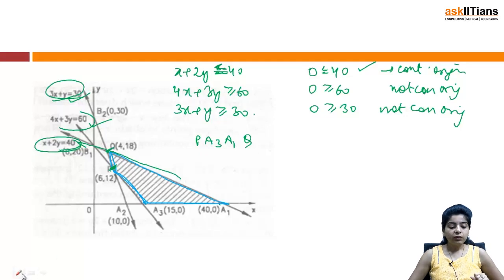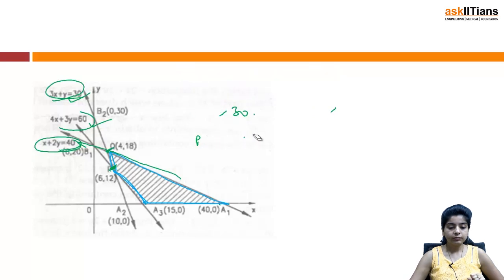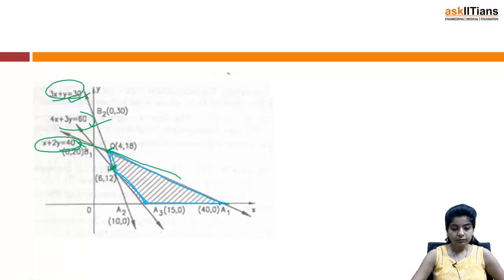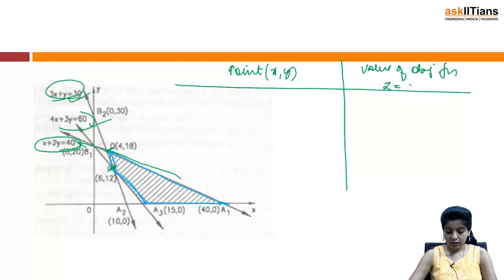Now we will be finding out the values of z at each corner point of this region. So now we have the point (x, y), and here we will have the value of the objective function, that is z, and the value of z was 20x plus 10y.